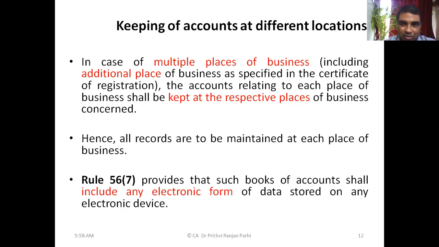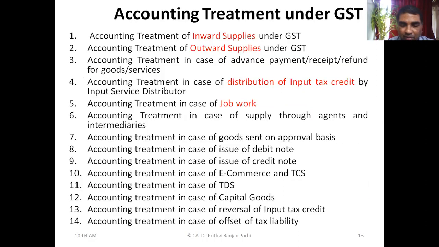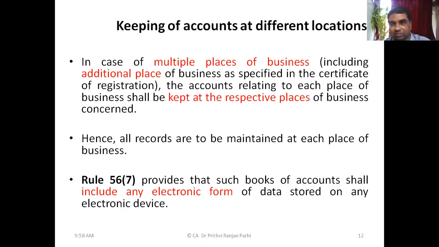Normally in the place of business specified in the certificate of registration, including any additional place of business specified in the certificate of registration. In all these places, the records required to prepare true and correct accounts need to be kept. And these books can be maintained in electronic form also. Electronic books are also included as books of account. Is it clear up to this?